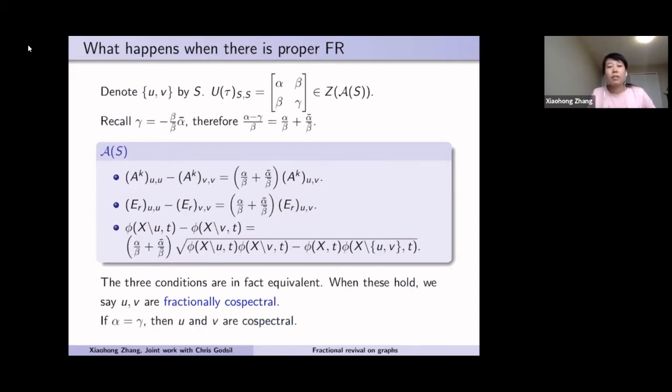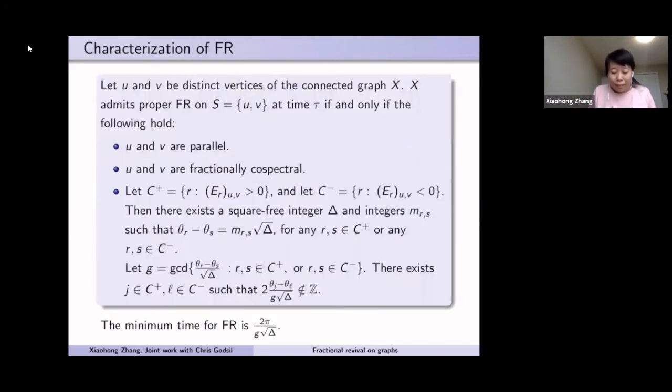Many graphs are found to have FR between two vertices, but the other examples known were between cospectral vertices, which means gamma is equal to alpha. We will present a family of graphs where there is FR between two non-cospectral vertices. Before that, I should mention there's a characterization to check when FR occurs.